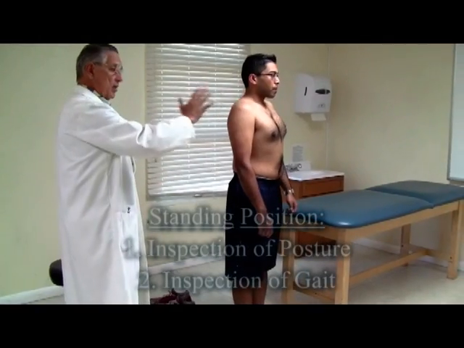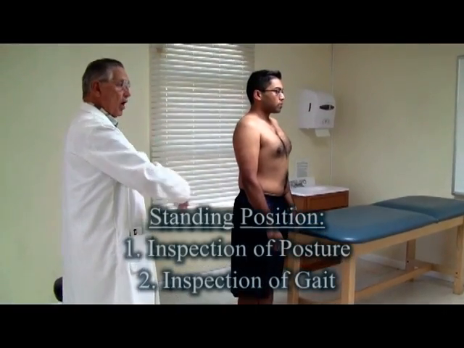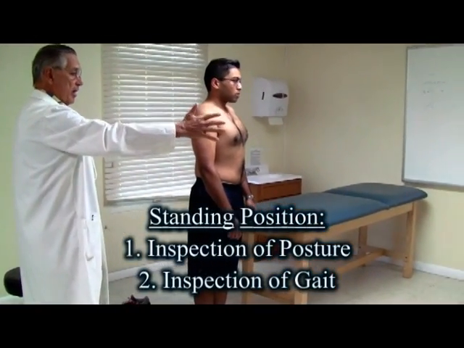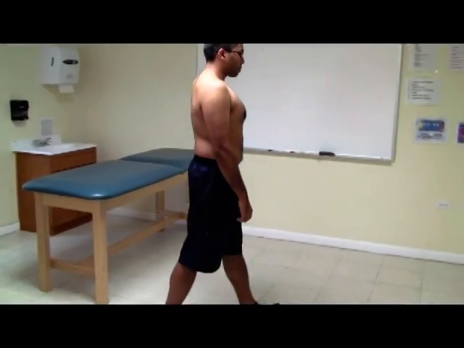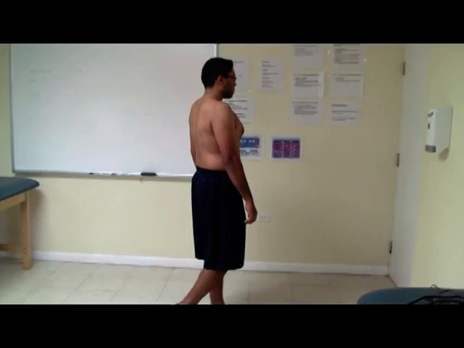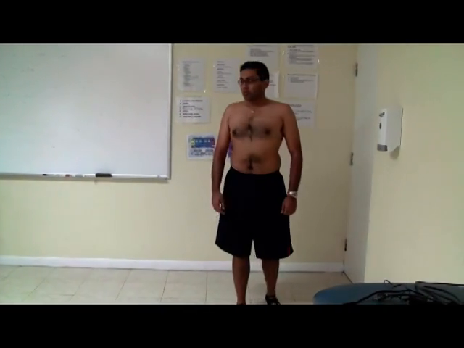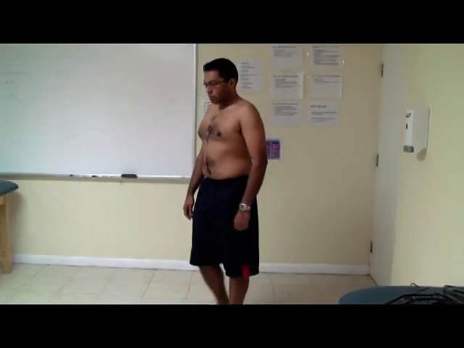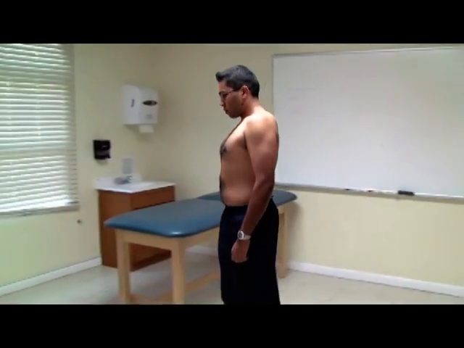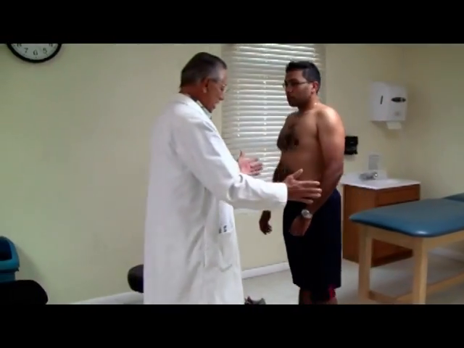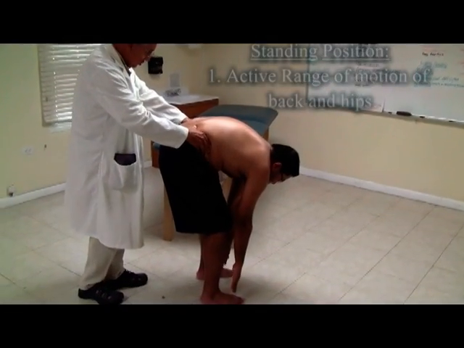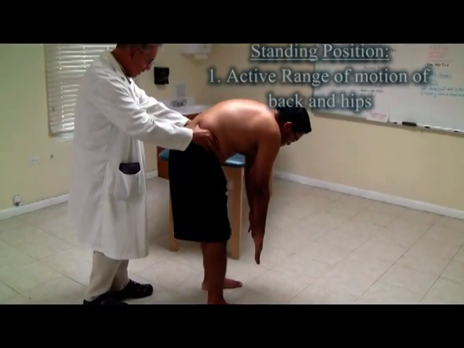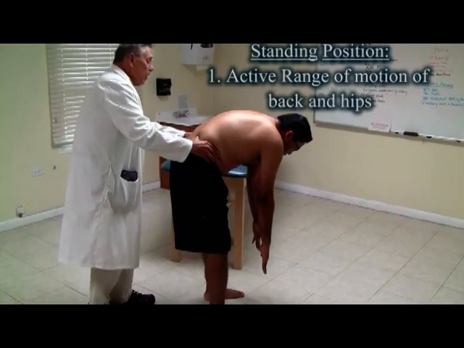Initially, we're going to have the patient standing, and you're going to ask them to walk to one end of the room. While doing so, please inspect the patient's feet, gait, and posture. Ask the patient to bend and touch their toes while noting any abnormalities in the spine.